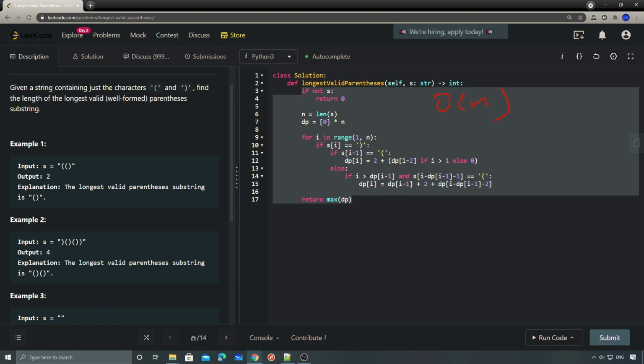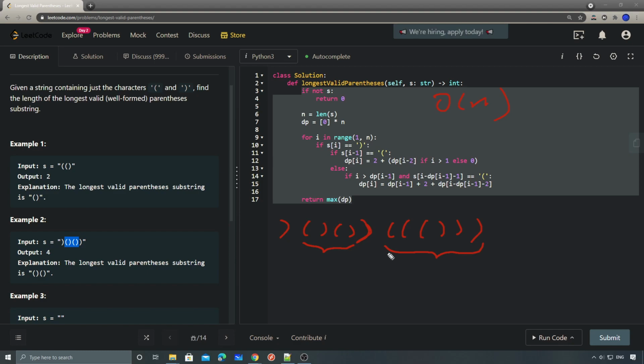To use a stack to solve this problem, all we need to do is use a stack to track the starting point of the valid parentheses. Let's say we have this one, this one, this one, this one, and then we have this one. As you can see here, the first valid parenthesis is this one, and the second valid parenthesis is this one.